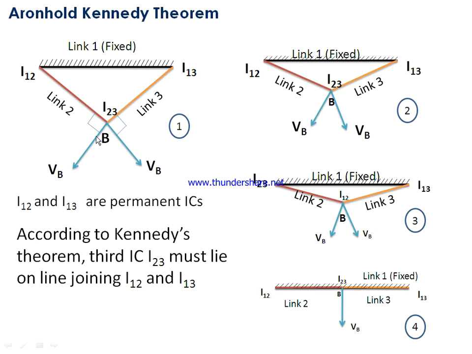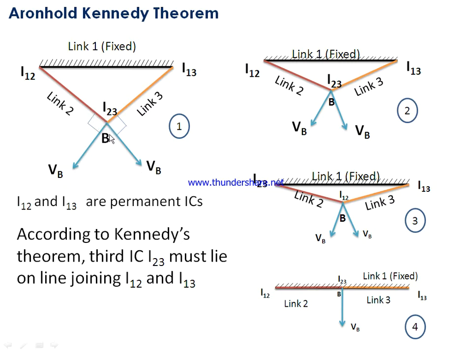So here there are three links having relative motion with respect to each other, but these three are not in a line. How come? Let us consider this point B, very important. The velocity of point B at this instant is perpendicular to this link.